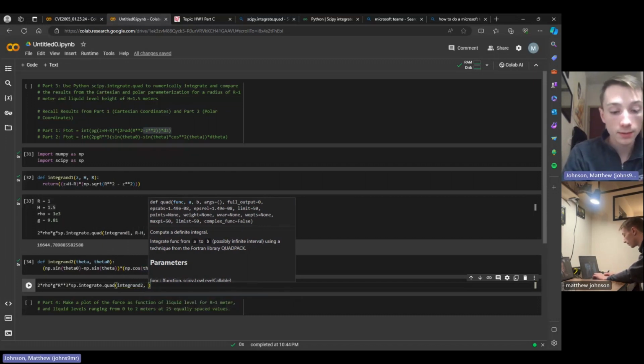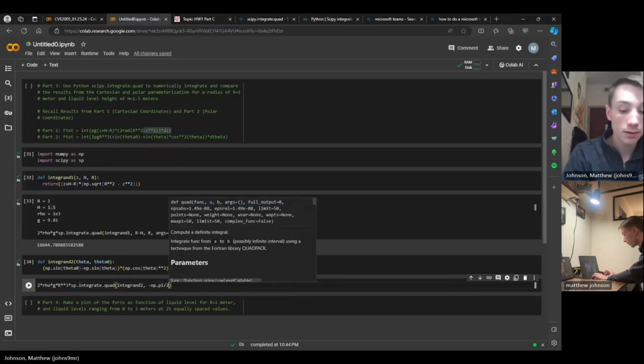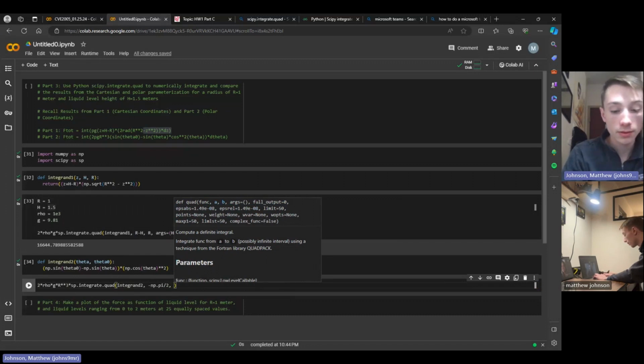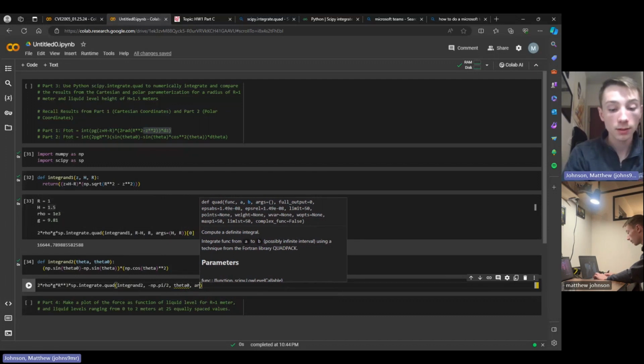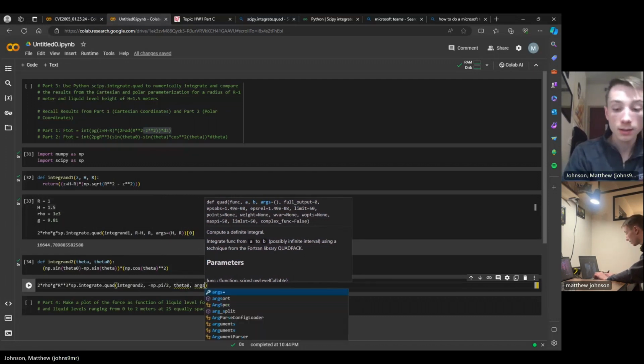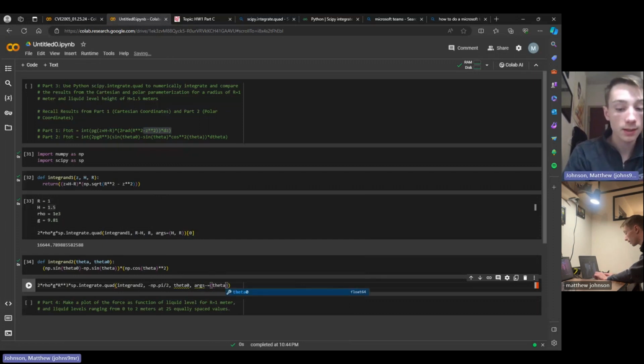We're integrating from negative pi over 2 all the way to theta naught, with the argument equal to theta naught.